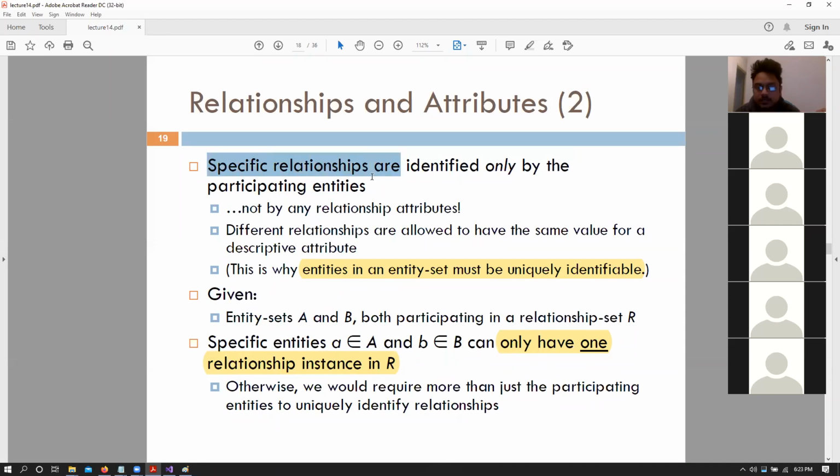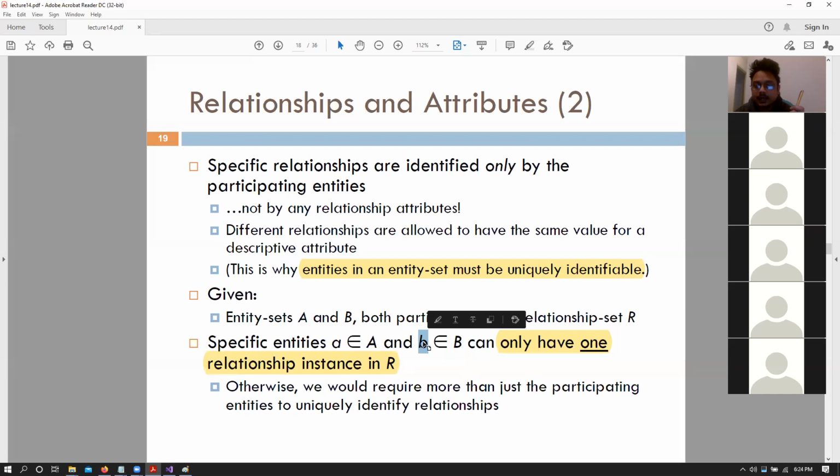So specific relationships are identified by their participating entities. Entities in an entity set must be uniquely identifiable because that's a set. For one entity, lowercase a, in capital A and one entity, lowercase b, in capital B, there can be only one relationship, right?